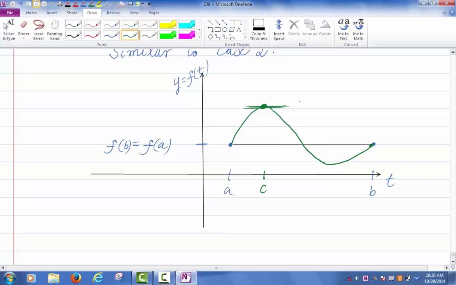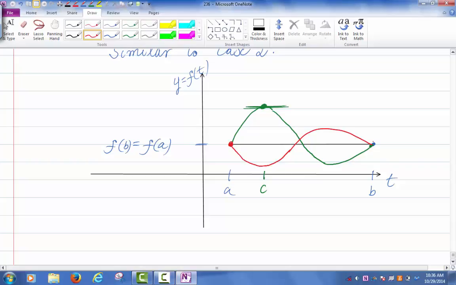Another possible graph would be similar, except in case 3, from f of a, instead of going to the right, the bug may go to the left. If the bug goes to the left, it means that the position is decreasing. So from f of a, the position decreases like this, and maybe it goes like this. I'm just saying these are possibilities.